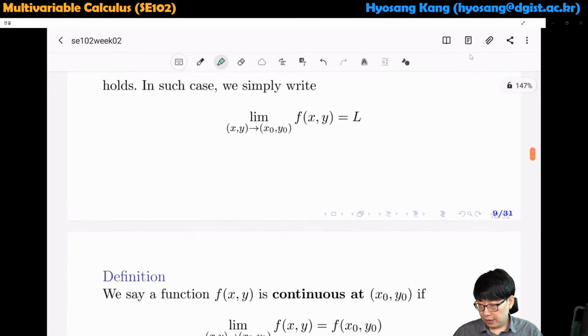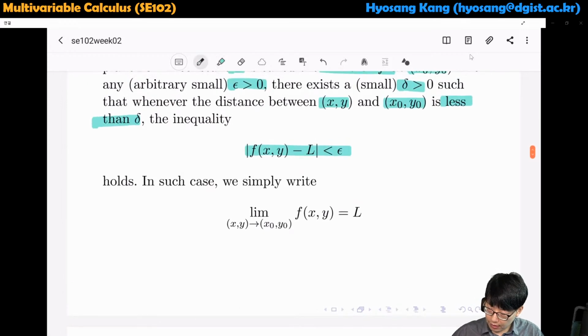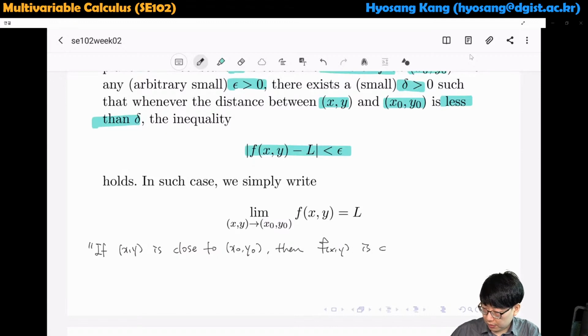They simply say that if (x, y) is close to (x0, y0), then f(x, y) is close to L. They just use this as a definition of limit. But what it really means is the following.